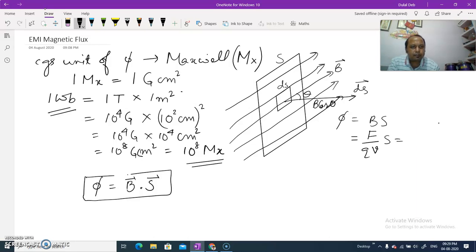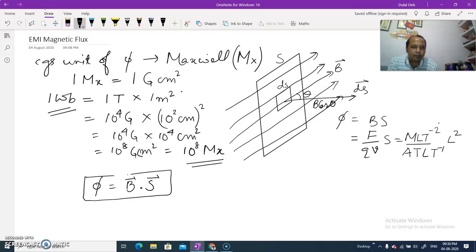Now let us put the dimensions here. For force, we know it is MLT minus 2. For charge, which is I into T, current into time, for current we can write A, and T is T here. Then for velocity, it is length by time, meter per second, so LT minus 1. And the area is meter square, so it is length square.